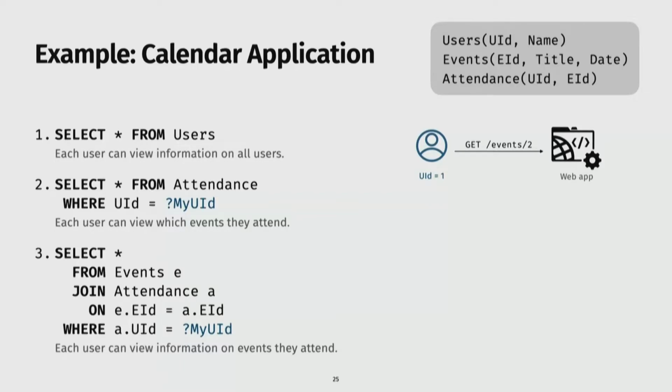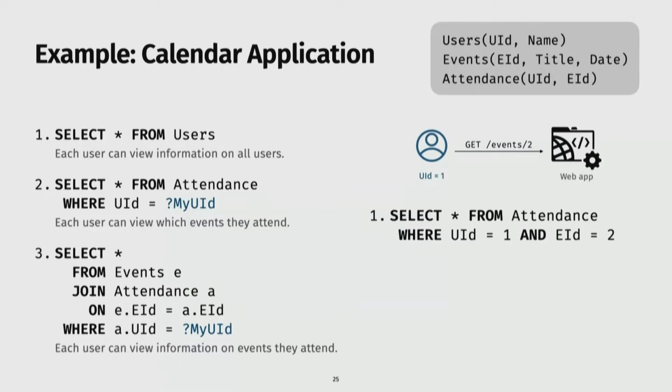To handle this request, the application first queries whether the current user is an attendee of the event or not. This query is allowed by Blockaid because the information it reveals is covered by view number 2. And so it gets sent to the database, and let's assume that the database returns 1 row, indicating that the current user is an attendee of the event.